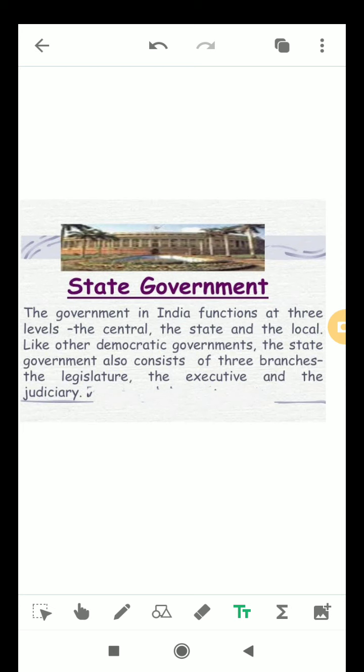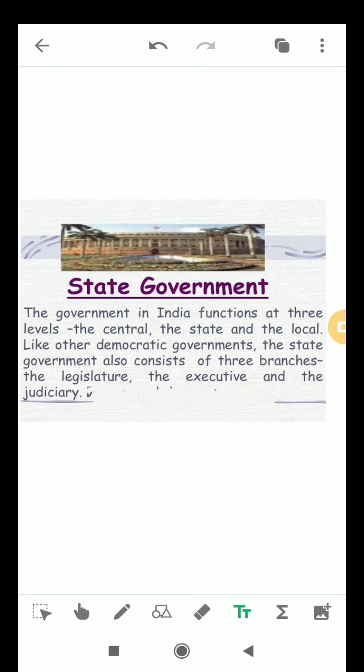As India has a federal form of government, there are basically 3 levels of government. One at the center, another at the state and union territories, and third is the local government. The state government is responsible for good governance of the people of the state.